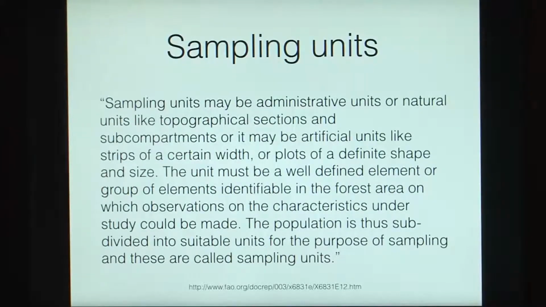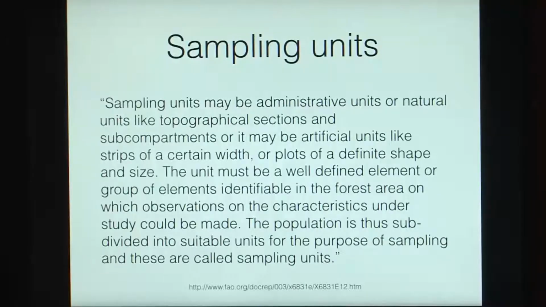Next we can define the sampling unit. A sampling unit may be an administrative unit or a natural unit, like topographical sections and sub compartments, or it may be artificial units like strips of a certain width or plots of a definite shape and size. What we mean here is, suppose in the case of taking a sample of the population of India, we can go for administrative units. For instance, we can take a tehsil as an administrative unit that will be used for sampling.